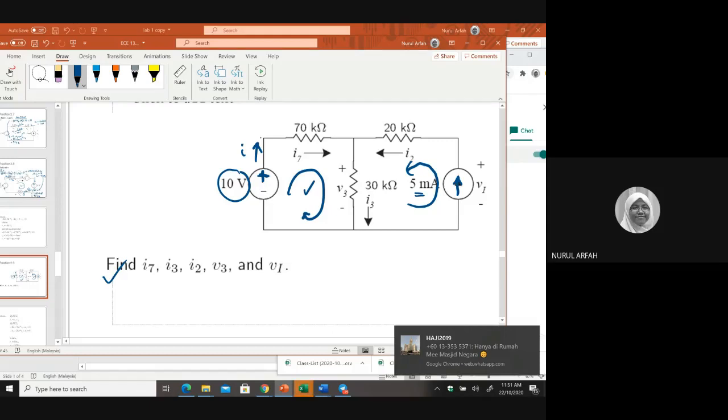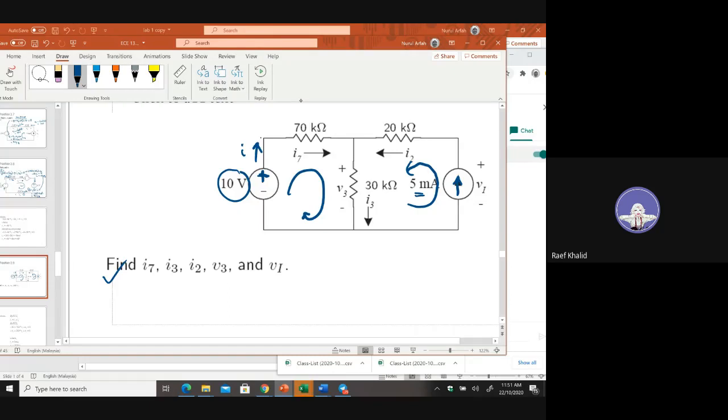Okay. Now, what basic law are you going to apply here? KCL. Okay, if KCL, where are you going to apply it? C here means current, right? Current entering or leaving a node or boundary, right?